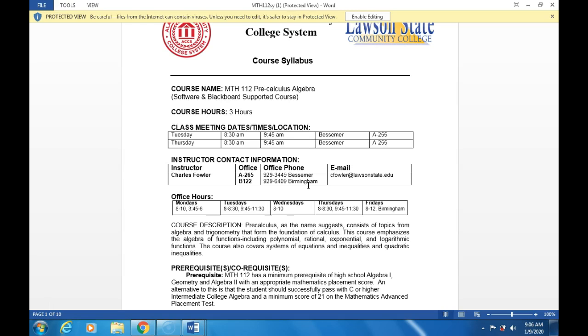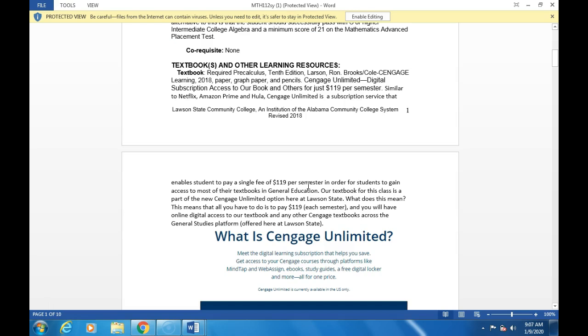And I don't even know if they use the mathematics as that placement test anymore. Whatever the ACT score is, it may be a 21 or a little bit lower, I don't know. Anyway, that's how you got here. Hopefully, you're all here. You either taken and passed Math 100 or you scored to be here. Okay? So, shouldn't be a problem there. The co-requisite, there is none.